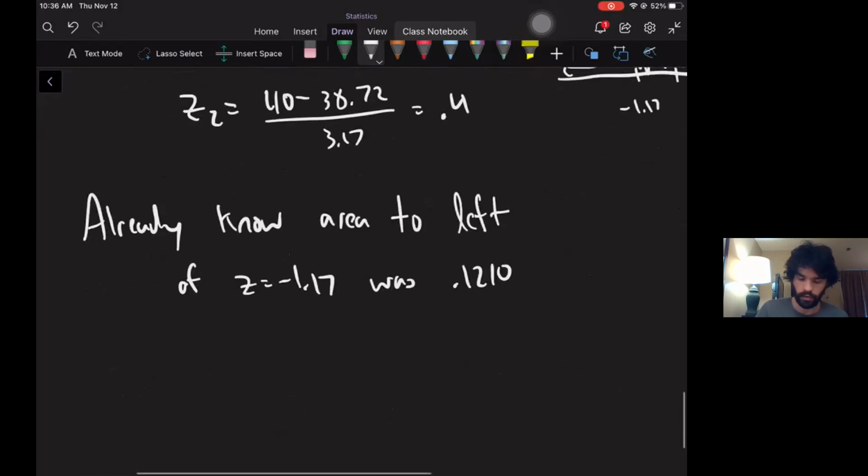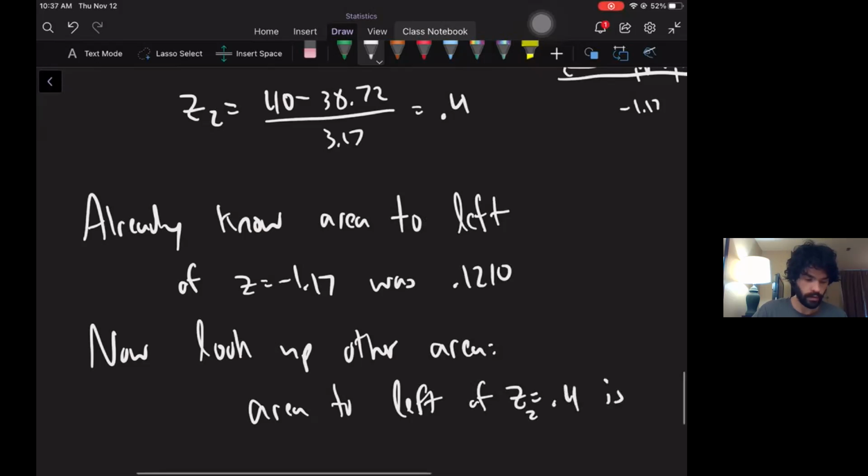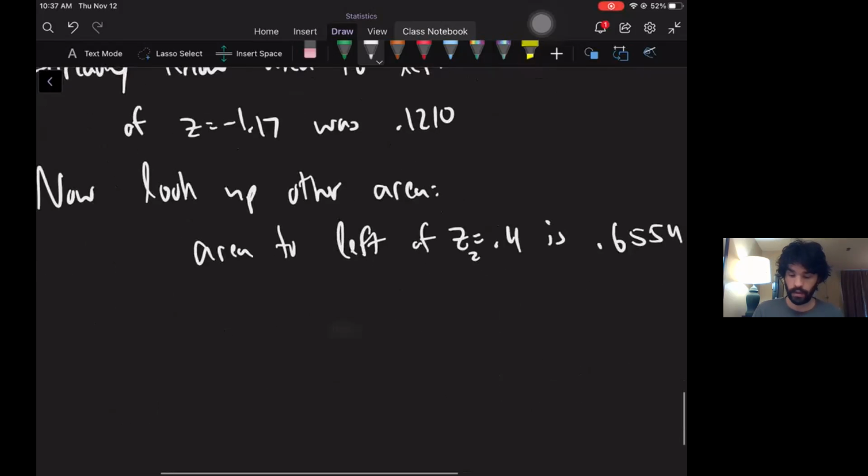So that we looked at before. So now let's do the other one. So you look up in the online tool, and you'll get area to the left. Z2 equals 0.4. You'll end up with 0.6554.